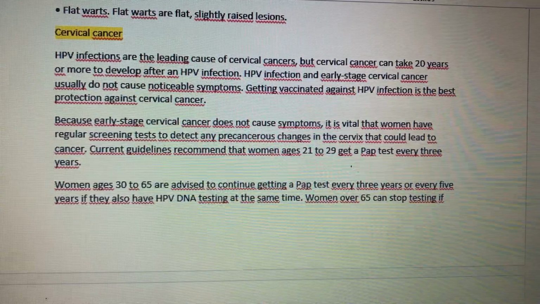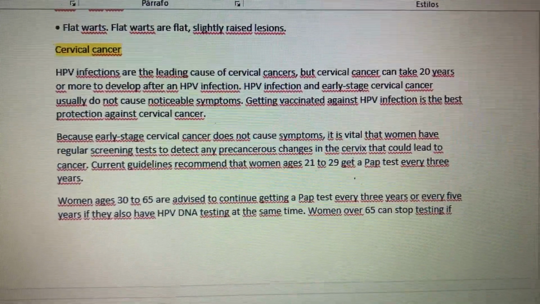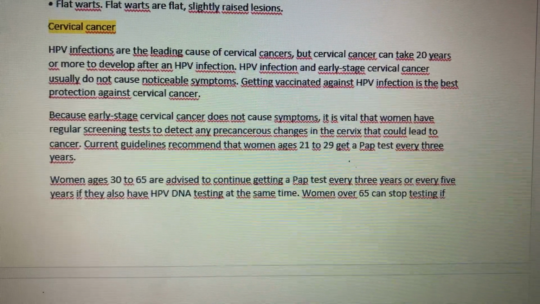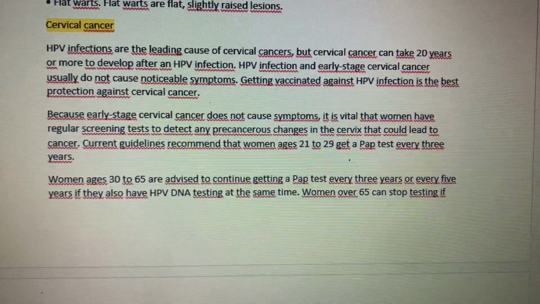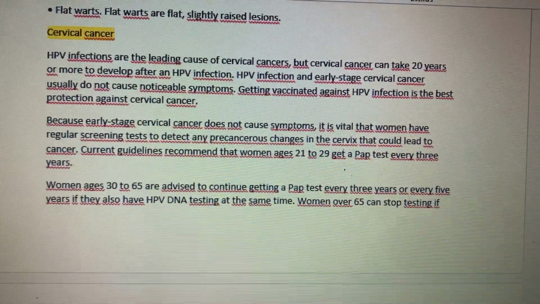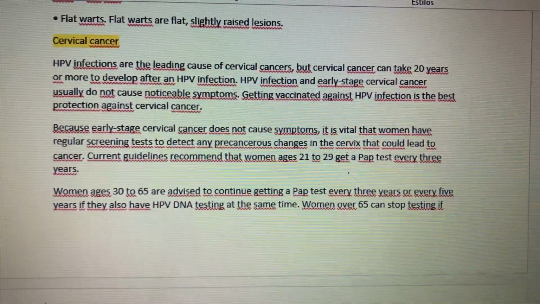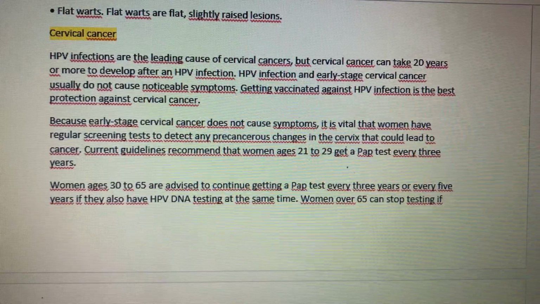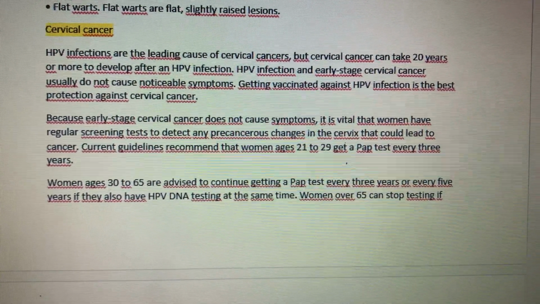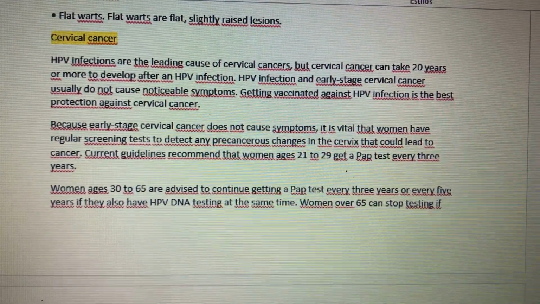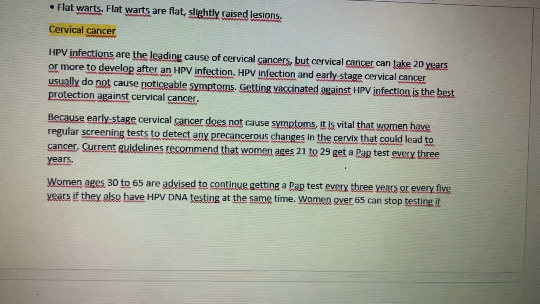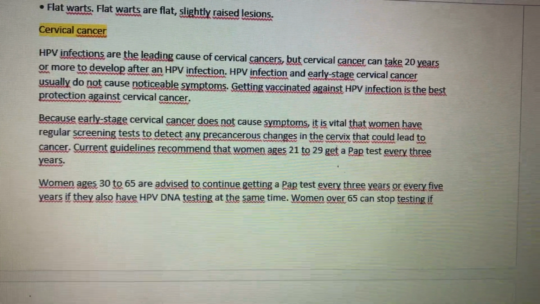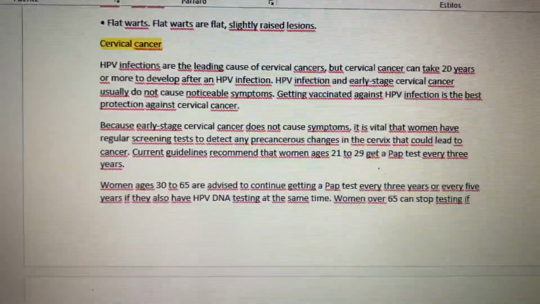Current guidelines recommend that women aged 21 to 29 get a Pap test every 3 years. Women aged 30 to 65 are advised to continue getting a Pap test every 3 years or every 5 years.